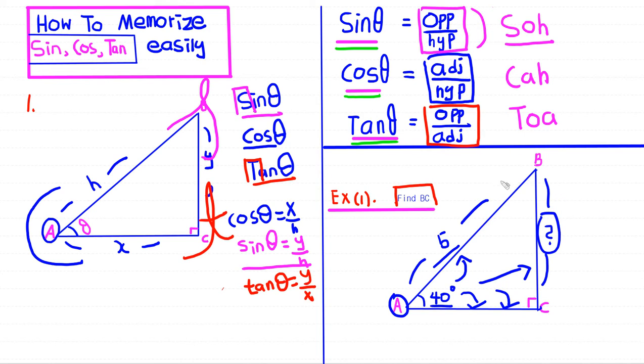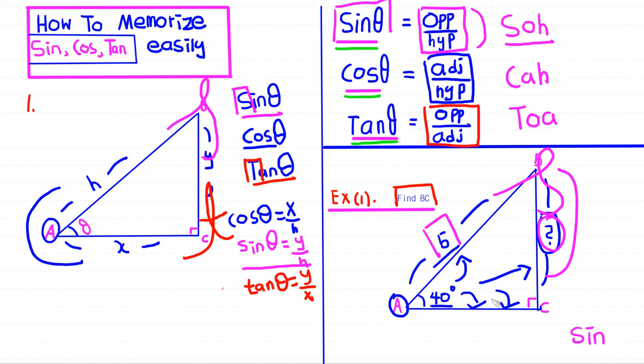So we can apply sine right over here, because it involves the given side and also the missing side. If we know the given side and the missing side, we can figure out the missing side. So we use sine in this case.